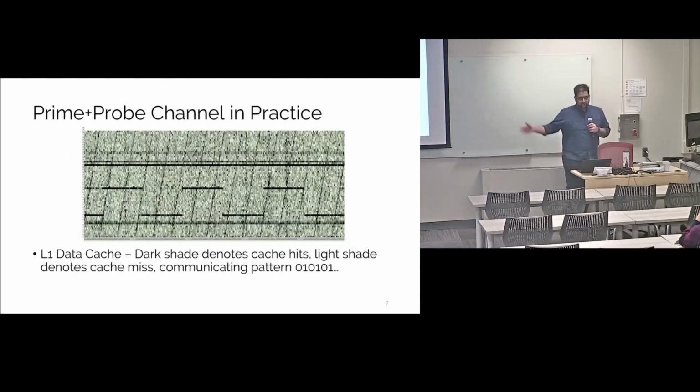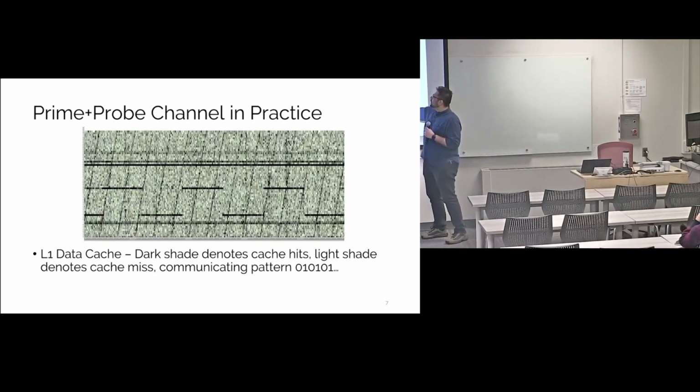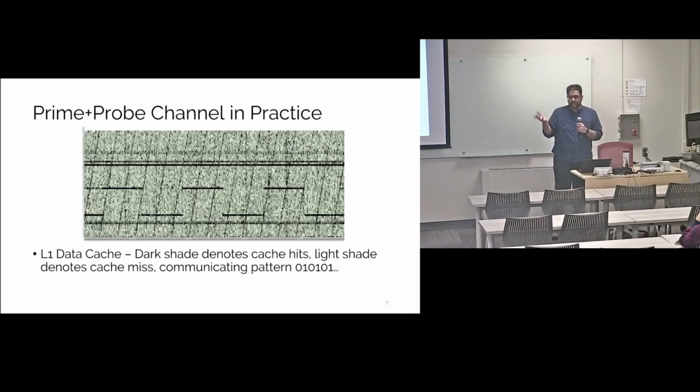And this is what it looks like in practice. This is just a figure I generated. On the x-axis, it's just time intervals, and on the y-axis, there are different cache sets. This is for L1, so it's set 0, set 1, set 2, set 3, all the way up to set 64. As you can see, the dark lines indicate cache hits, and the light colors, the white and the green, indicate cache misses.